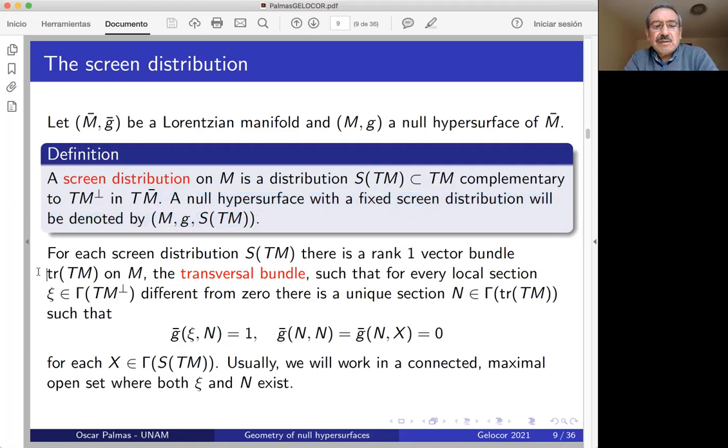And it is known that if we fix our distribution S of TM, then we have a vector bundle called the transversal bundle, of rank 1, such that it is orthogonal to every direction in the screen, and is also spanned by some null vector field N. And we have this kind of orthogonality or normalization condition, okay?